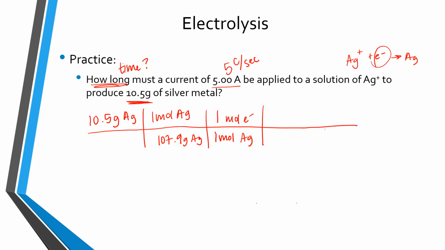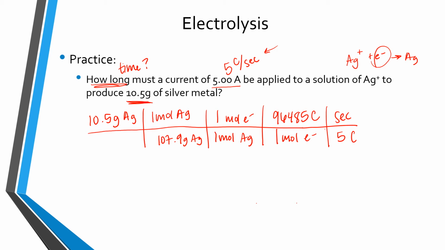And then Faraday's constant tells me that for 1 mole of electrons, we have 96,485 coulombs of charge. And then it told me that I was running this at 5 coulombs per second.